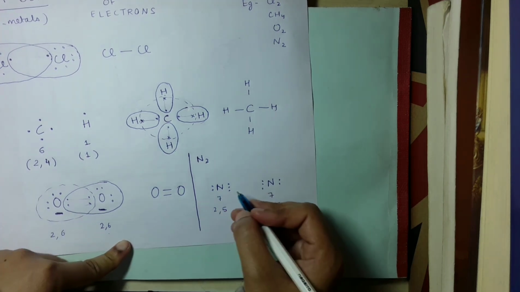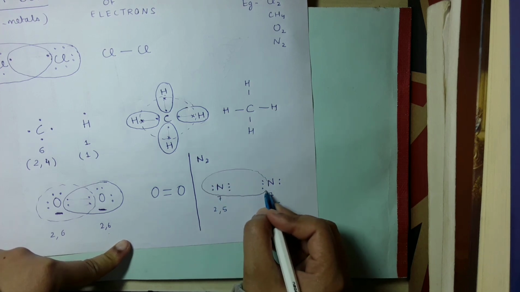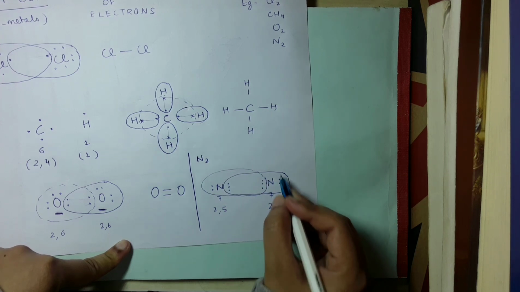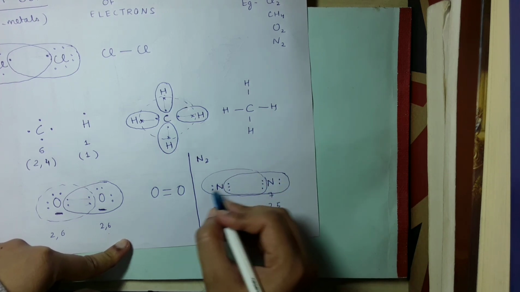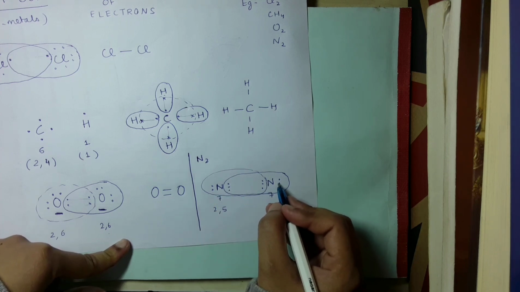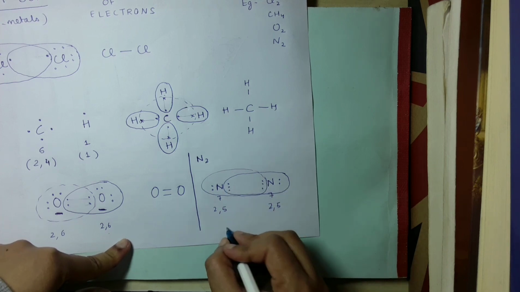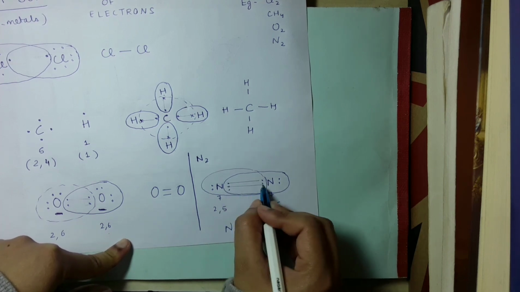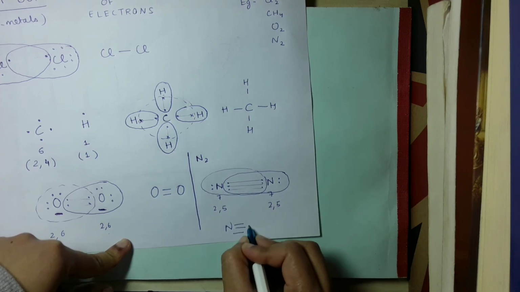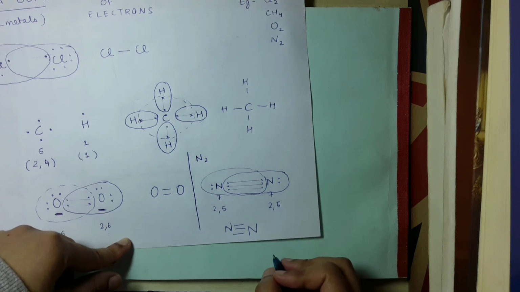So it needs 3 more. So it's going to share with this nitrogen over here, 3, and again over here like this. This nitrogen has 1, 2, 3, 4, 5, 6, 7, 8, completing the last shell. Similarly here 1, 2, 3, 4, 5, 6, 7, 8, completing the last shell. Denote it like 1 bond, 2 bond, 3 bond, because 1 bond is formed by 2 electrons. It's like triple bond N. So it's like this.